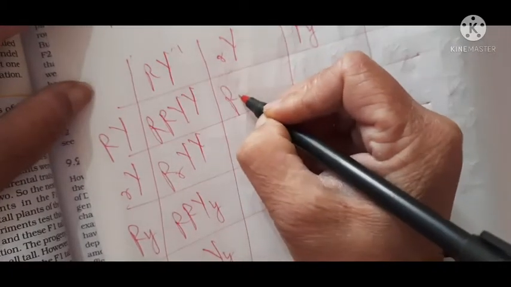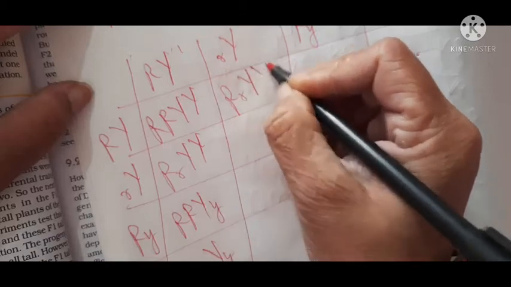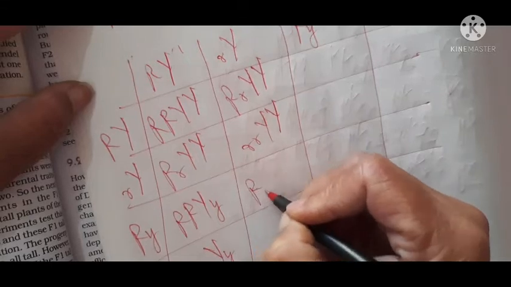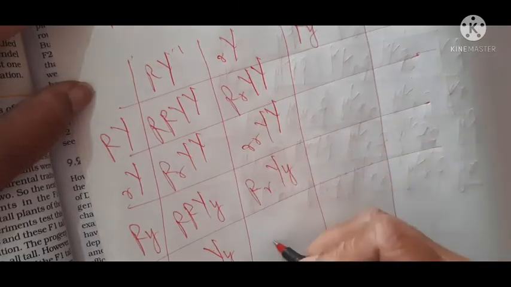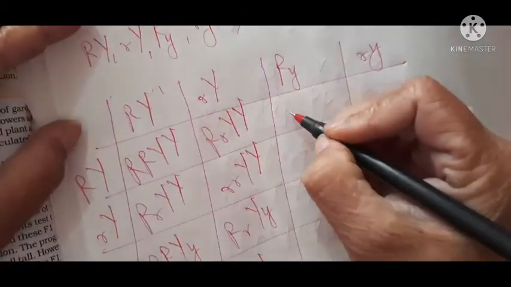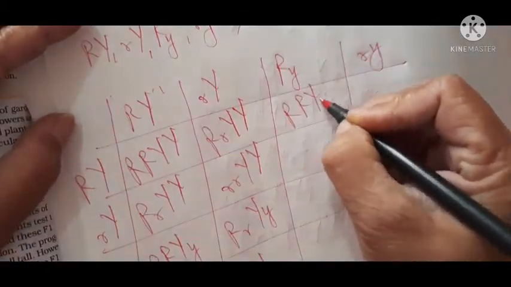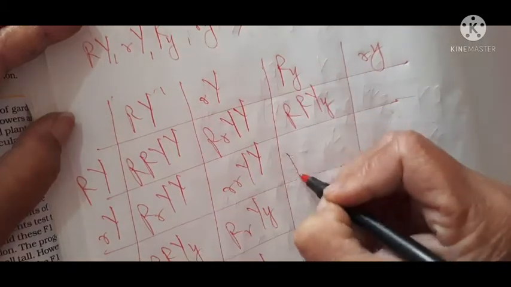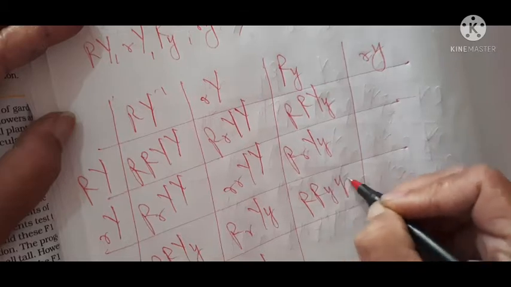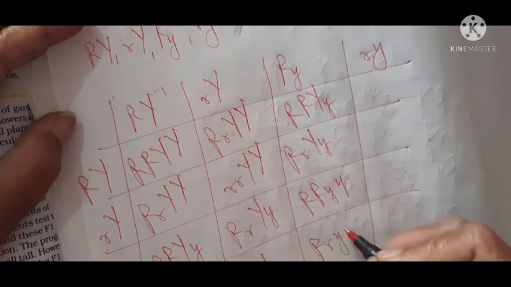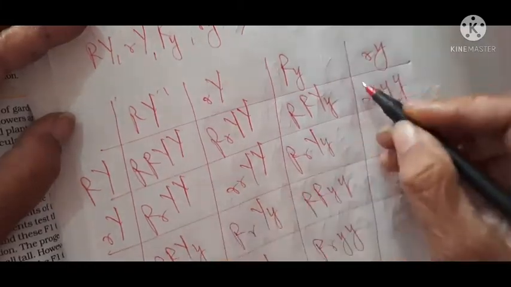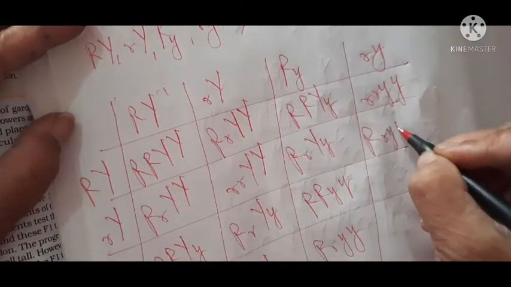This one RR, YY, RR, YY, RR, YY, RR, YY. Here what we will get, RR, YY, RR, YY, RR, small y, R, here RR, YY, RR, YY.